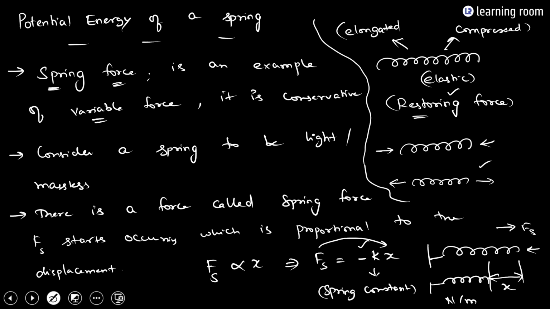Shall I proceed? Now see, the heading is potential energy of a spring. I already told you, whenever you need to calculate energy, there is no direct formula for energy. We arrive at a mathematical expression for energy only by calculating work done.